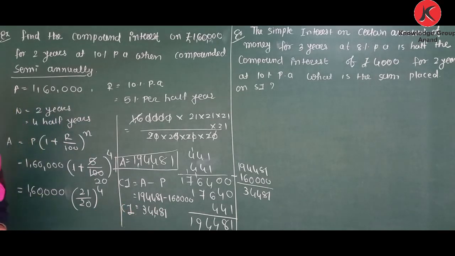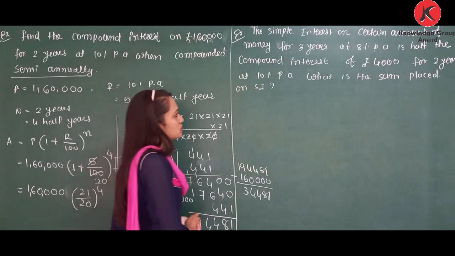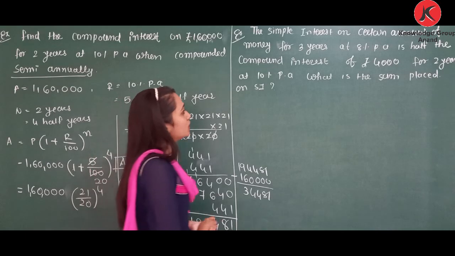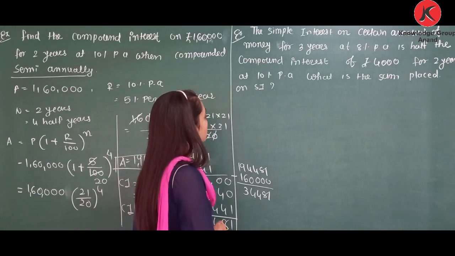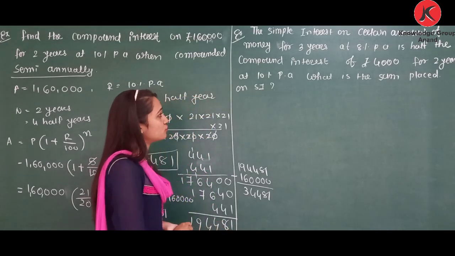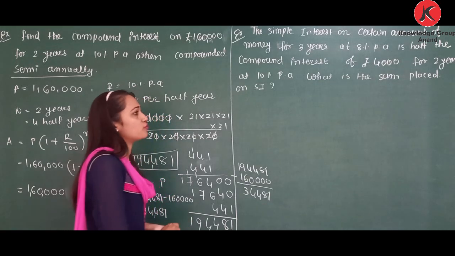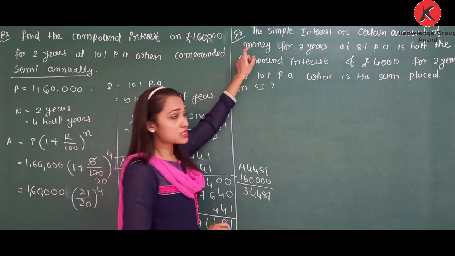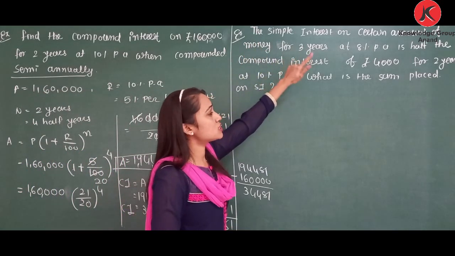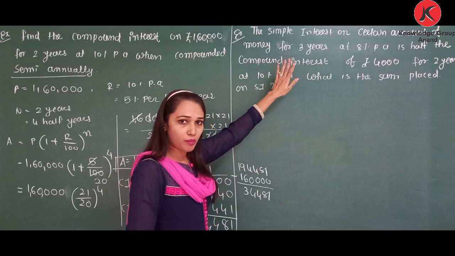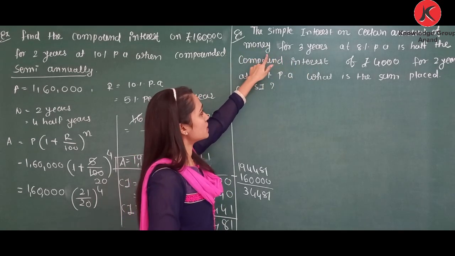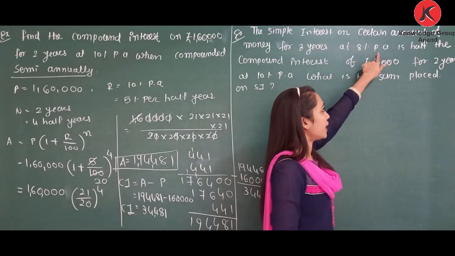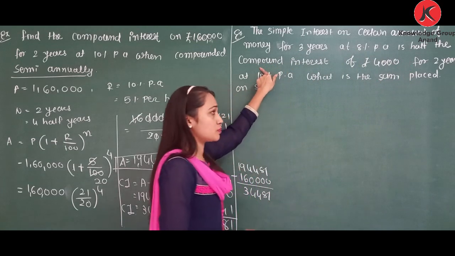Okay. Now next one. The simple interest on a certain amount of money for 3 years at 8% per annum is half the compound interest of 4,000 for 2 years at 10% per annum. What is the sum? Now this is a twist question. The question says the simple interest on a certain amount, for 3 years at 8% per annum, is half of the compound interest.